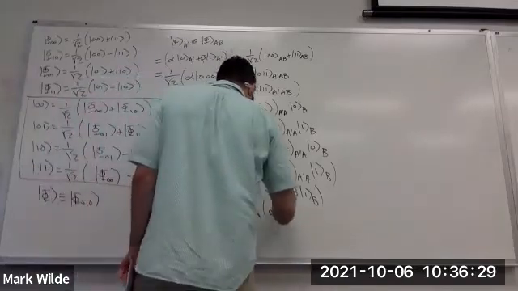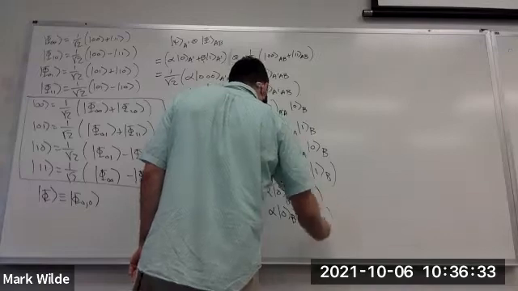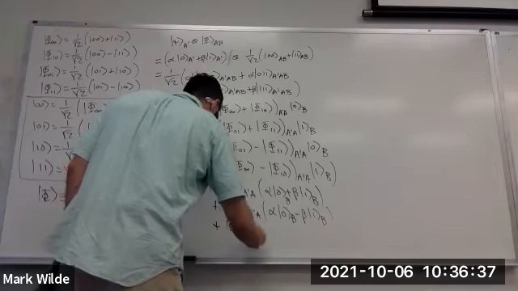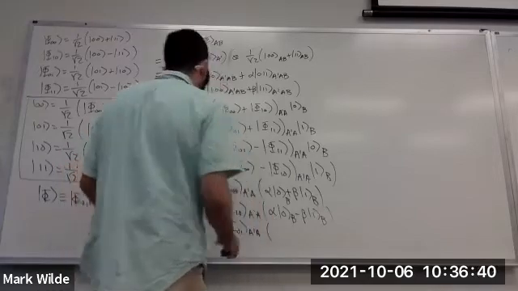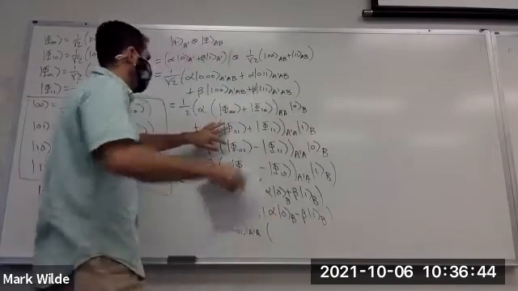Beta gets a minus sign. Now the B gets flipped.